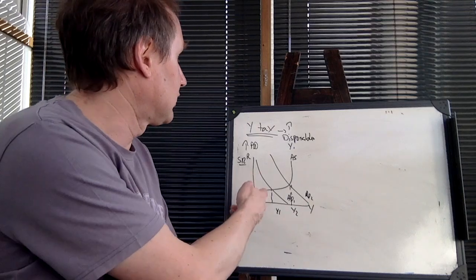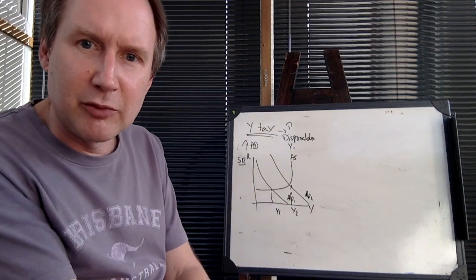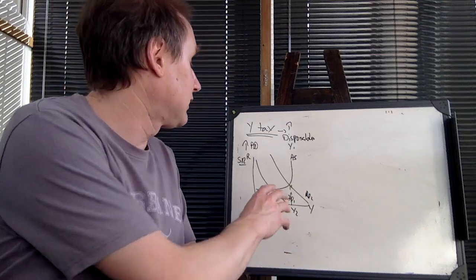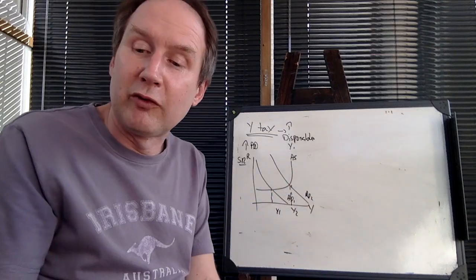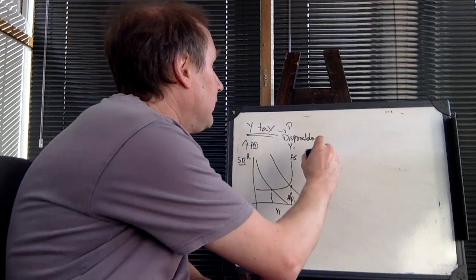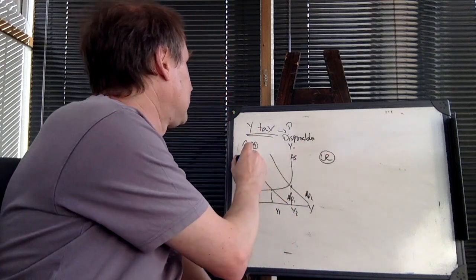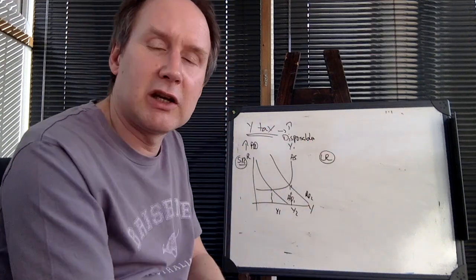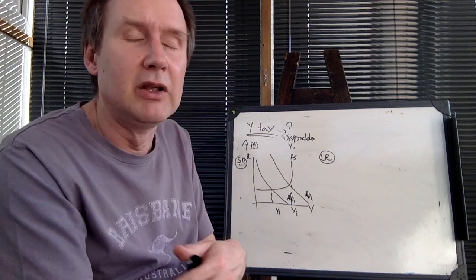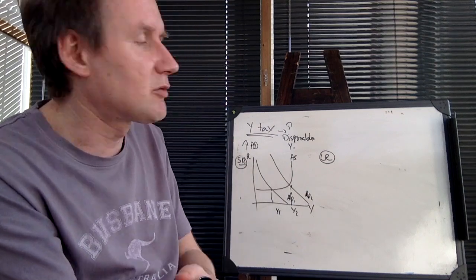So in this case, I've started the economy off where there's quite a big negative output gap. There's lots of spare capacity. Had I started it at AD2, then we'd have got more inflationary pressure. In the long run, though, what you'd hope is that a cut in income tax might create incentives to work, and incentives for people to start up small businesses.